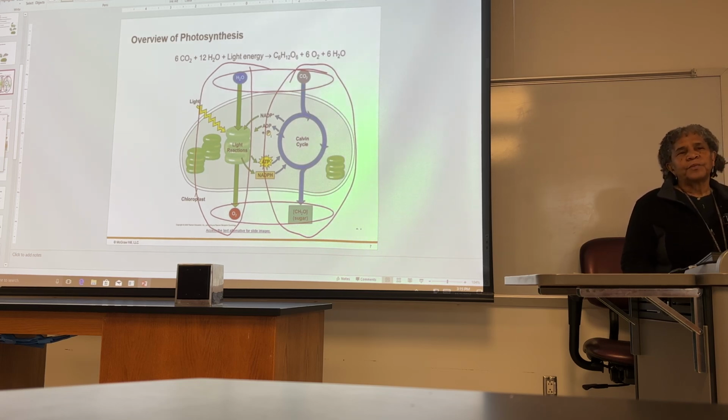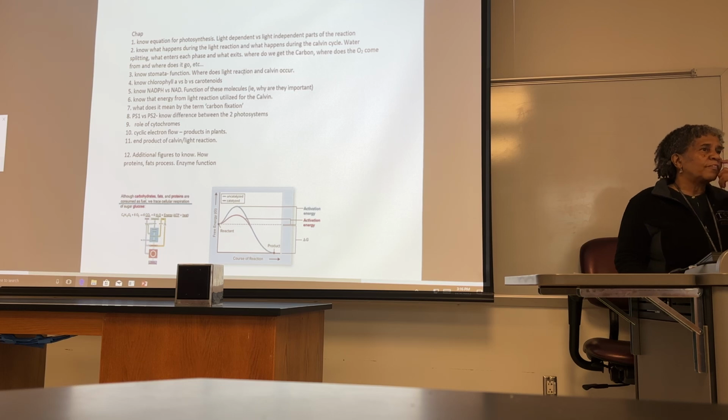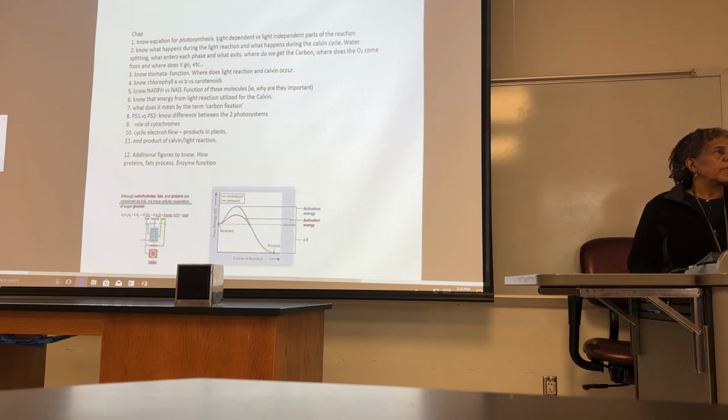I think I might have told you in my day we called it the dark cycle, light and dark. But that's all it's talking about. The light dependent is the one that depends upon light, and the independent is the one that doesn't. So don't get confused by that terminology.